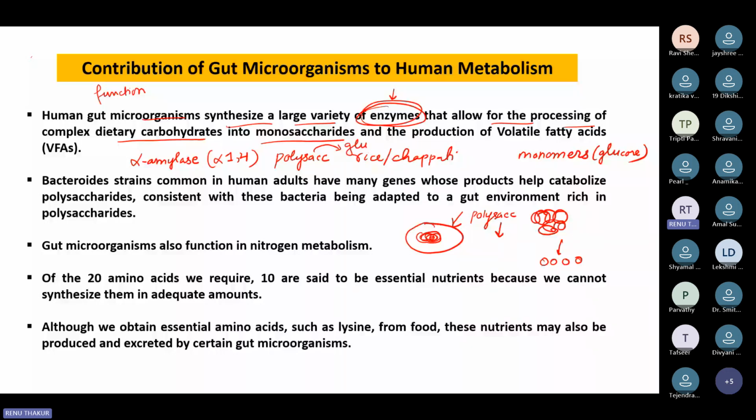So the enzyme will be synthesized by whom? Who will synthesize the enzyme for this function? These microorganisms will synthesize the enzyme, because microorganisms have a brilliant capacity to synthesize enzymes by using organic substrate. How do they get the substrate? Through the food we are consuming, like chapati, roti, rice, whatever you are feeding your body.